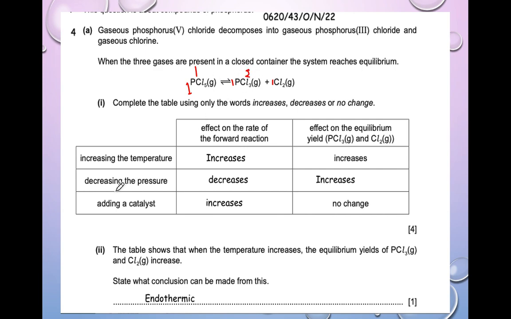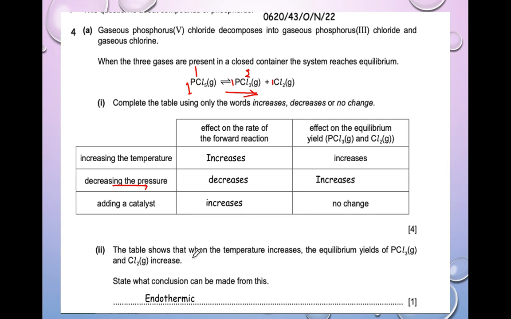So if I decrease the pressure, it will move to the side with the higher number of moles, which is the products, so the yield will increase. And then, of course, adding the catalyst will increase the rate of reaction.